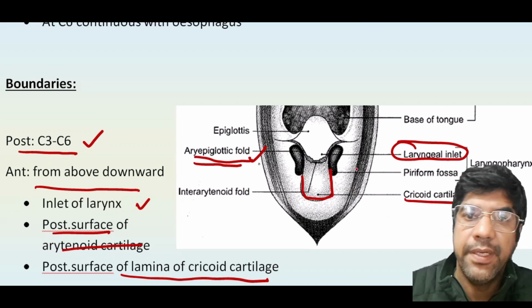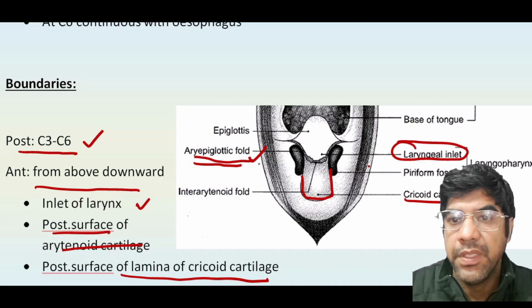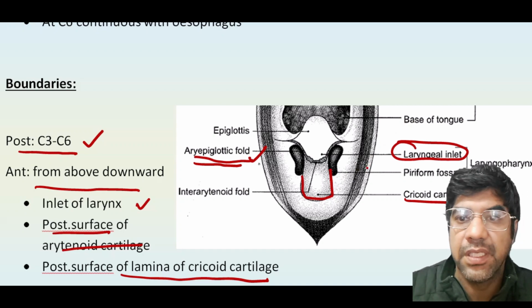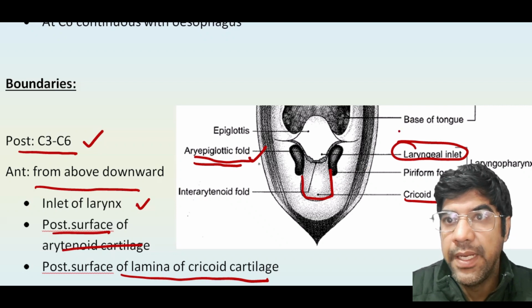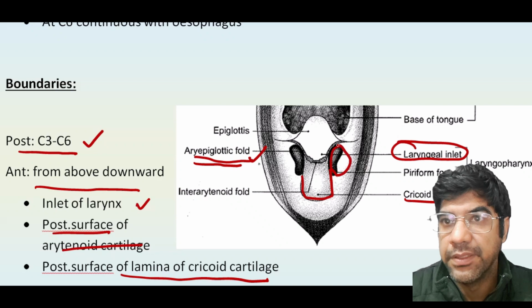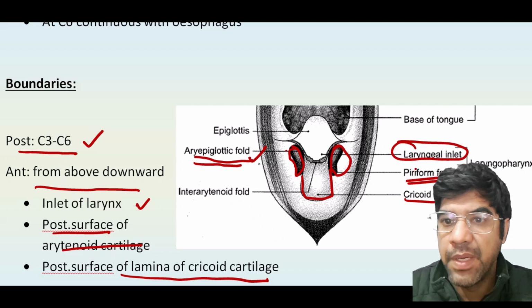The posterior wall is supported mainly by the 4th and 5th cervical vertebrae, with partial support from the 5th and 6th cervical vertebrae. On the lateral wall, you will see a depression known as the piriform fossa. Remember, it is an important anatomical feature in this region.